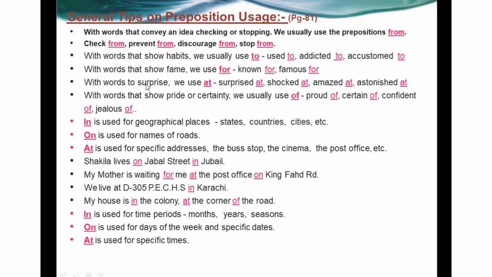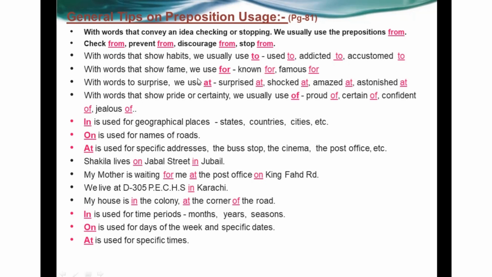Let's come to the next example. With words that show surprise we use "at". For example, see, surprised at, shocked at, amazed at, astonished at. Astonished, amazed, they mean almost the same. Surprised, shocked, amazed, they are all kind of similar.